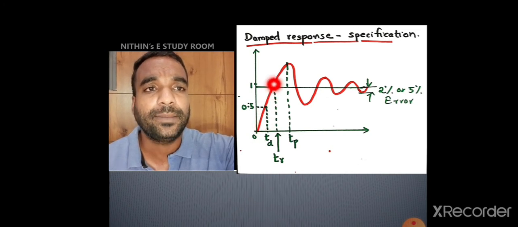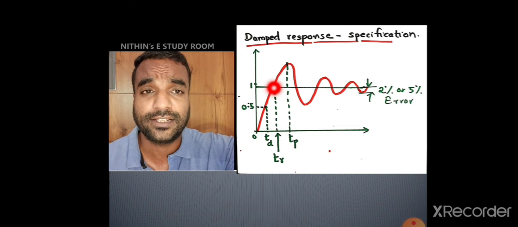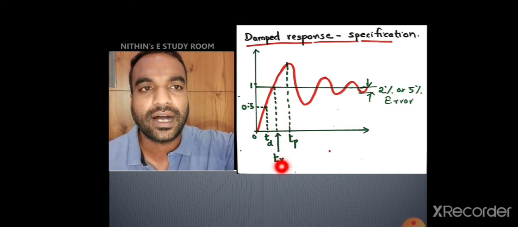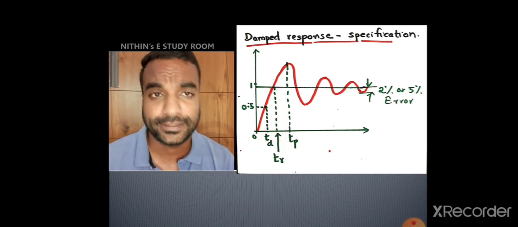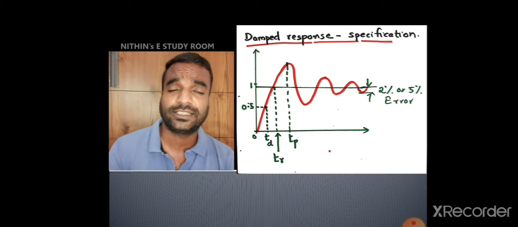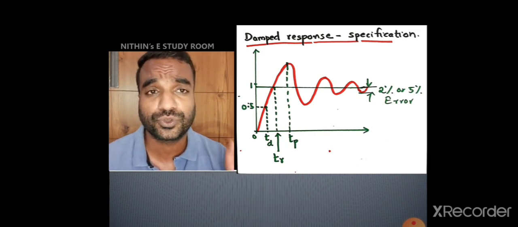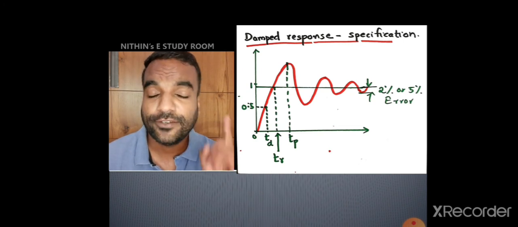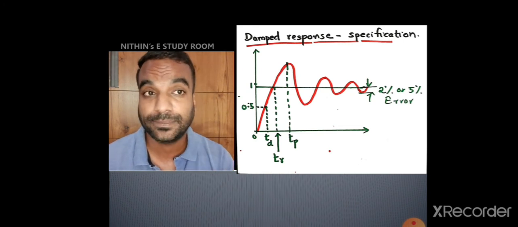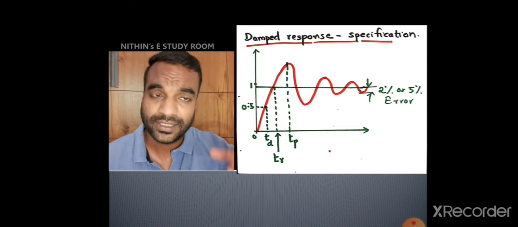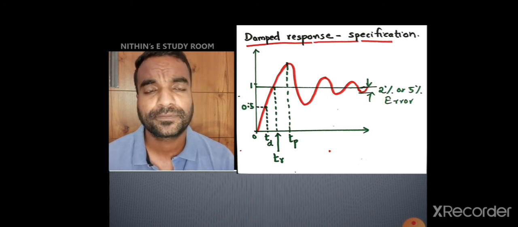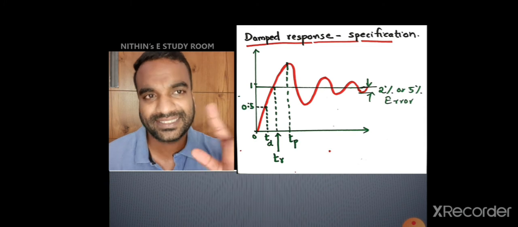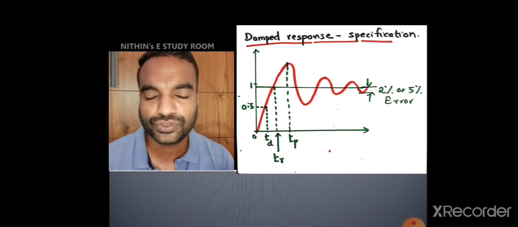This time taken for reaching the final value for the first time is known as TR, rise time. I think it is clear. So rise time is the time taken for the response to reach from 0 to 100% for the very first time. Very first time, that is important, because as it is an oscillation, it will again go to the 100% value, again touching 1. We don't want those values.